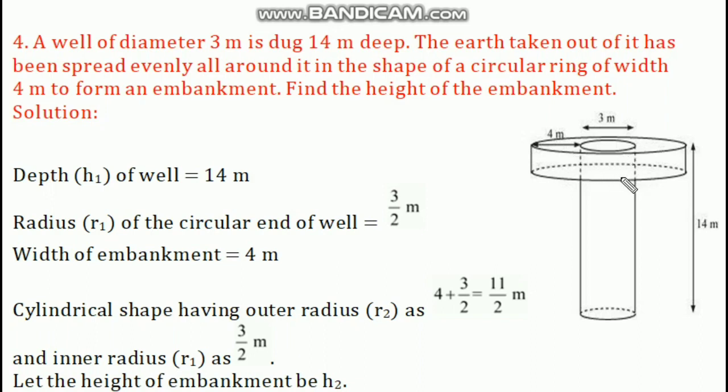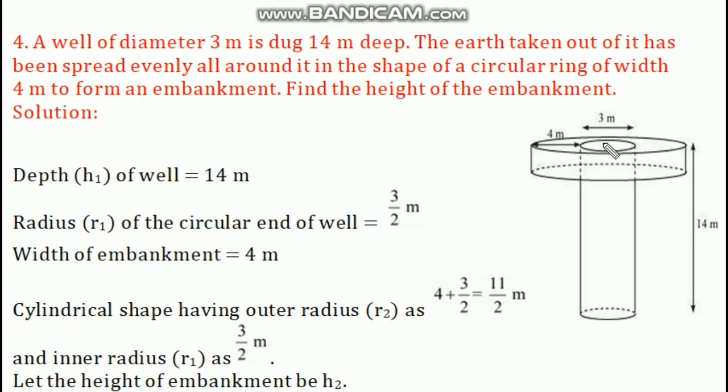Here we need to find out the height of the embankment. So see, this embankment is looking like a hollow cylinder. We know the formula for the cylinder, pi r square h. And how do we find the volume of a hollow cylinder? That is very easy.